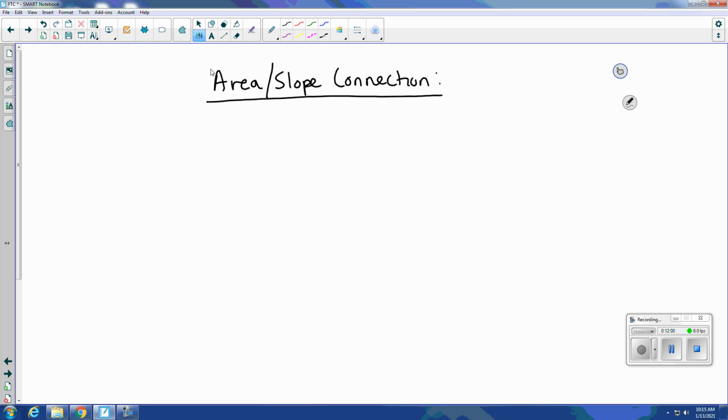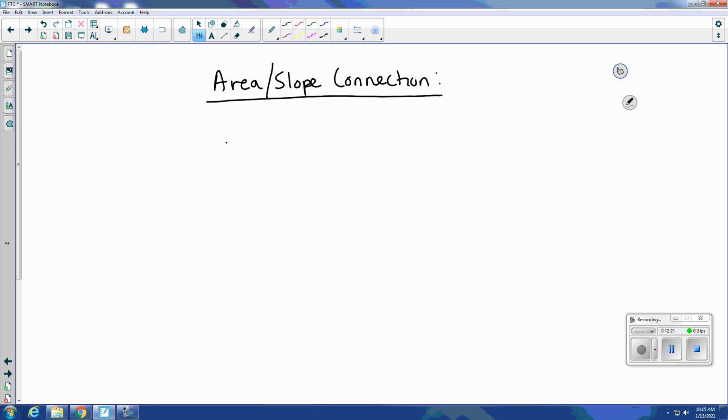So we've spent half the year on rates of change or derivatives, the slopes of tangent lines at various points. We're now getting into the thick of things related to integrals or area between the curve and the x-axis. So how are these two geometric concepts connected for calculus?